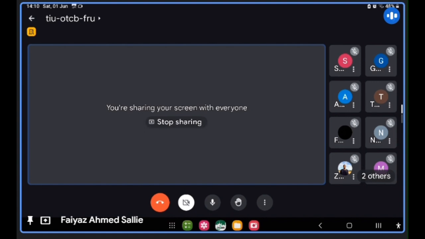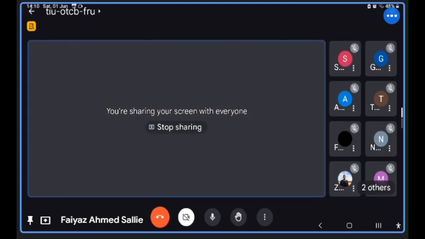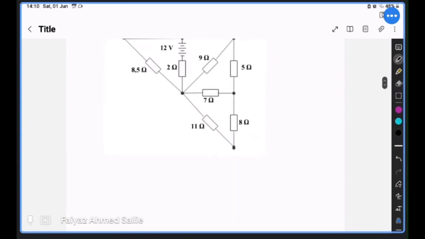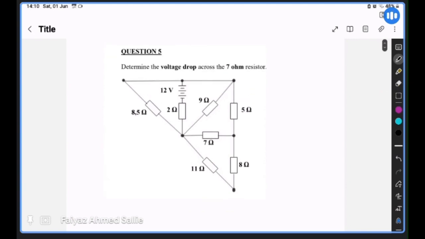Students, are you guys able to see the notepad? Okay, let me just solve this question for you guys.